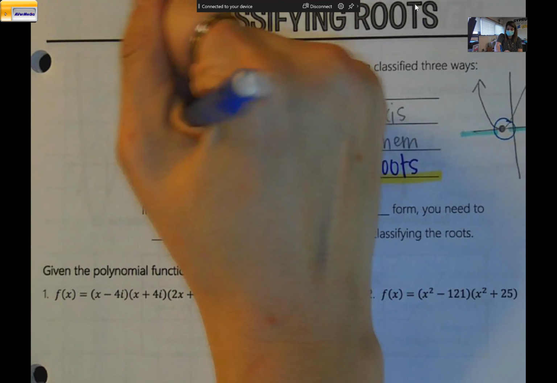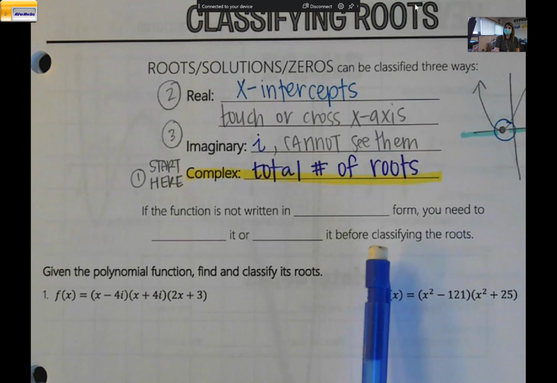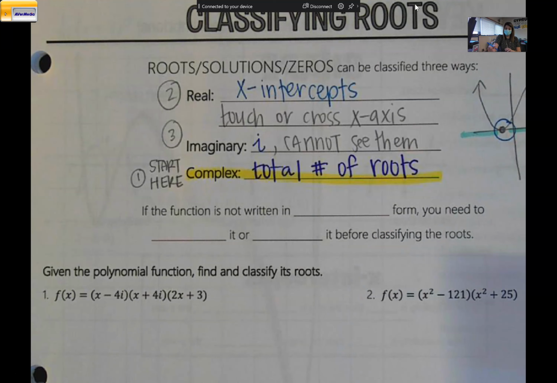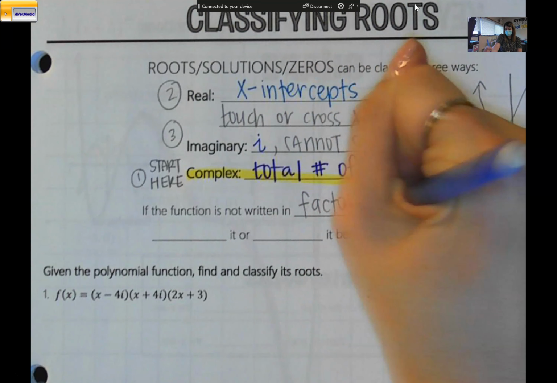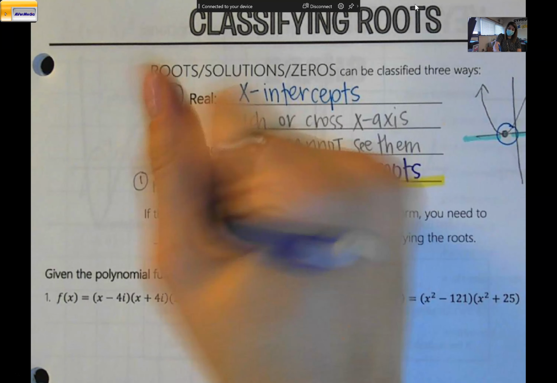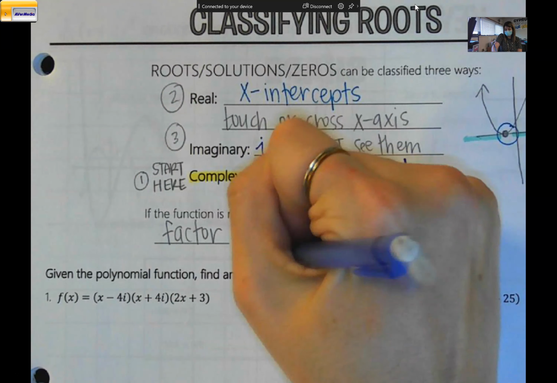So the last thing that you find is your imaginary roots. And then this carries over from the last page: if the function is not written in factored form, you need to factor it or graph it.